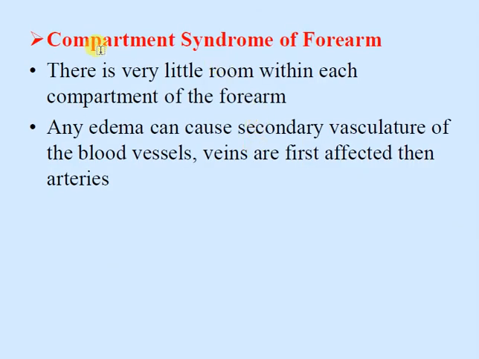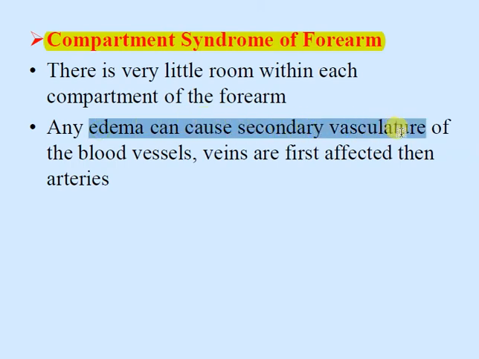So we also have compartment syndrome of the forearm. There is very little room within each compartment of the forearm. In compartment syndrome, fluid accumulates in each compartment, so we have edema. Any edema can cause secondary compression of the blood vessels. Veins are first affected, then arteries.